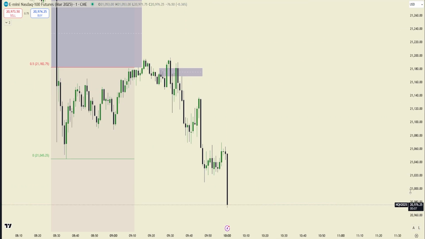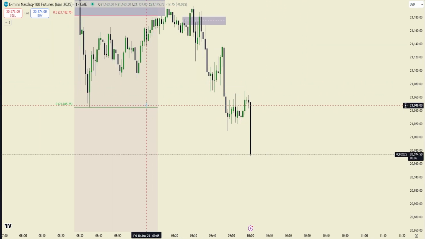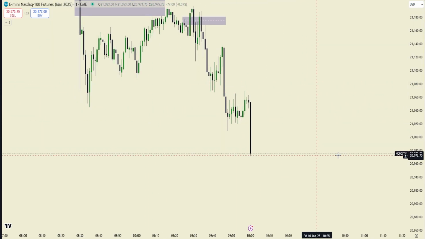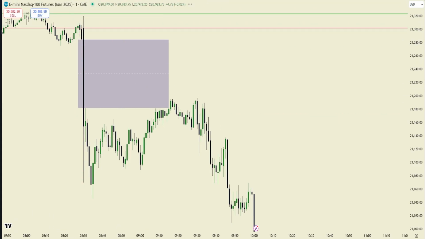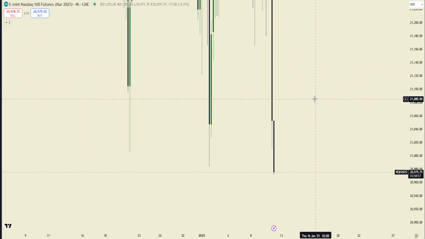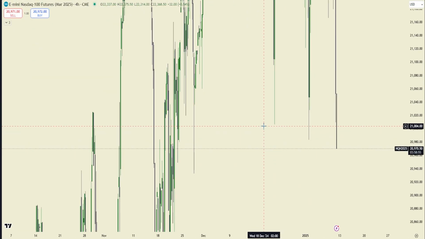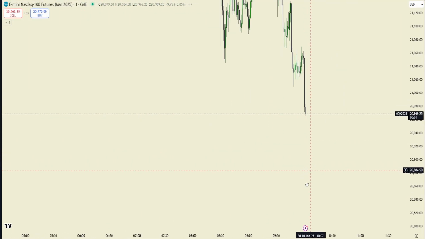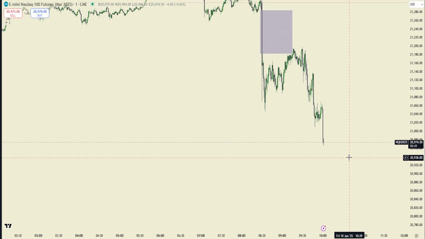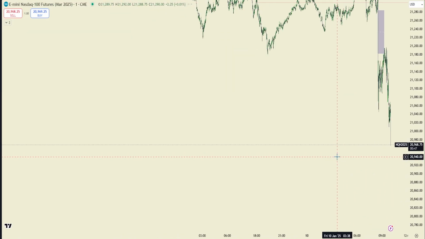So now that sell side liquidity target's been taken, it's what we've been wanting all morning. So now we can look for a long back up here. We just need to see a good reaction after hitting that low. Obviously, if we continue to displace lower below this gap, that's going to tell me that we're in a sell model, and we're just in a trend day.